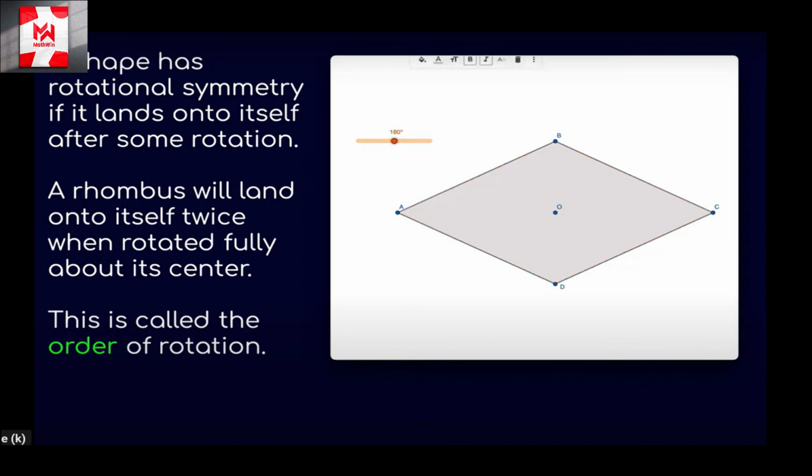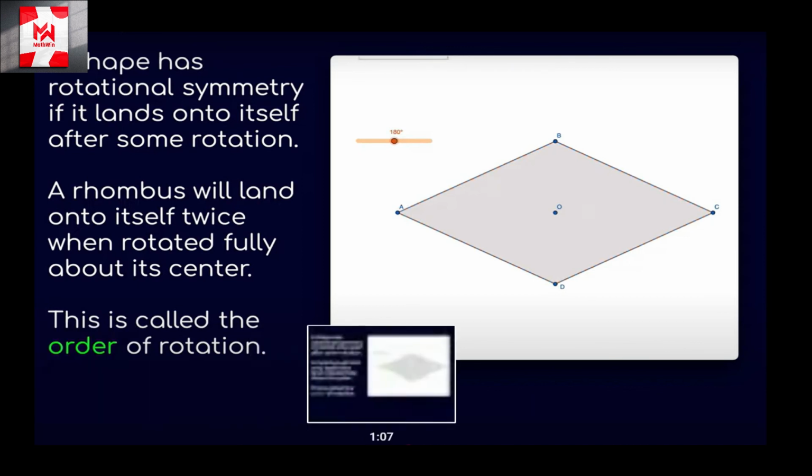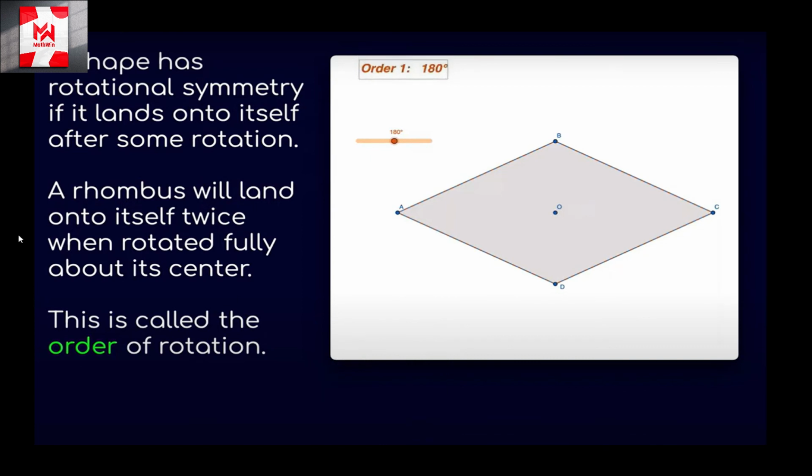Okay, this is called order of rotations. The order at 180, the other order is 0. Okay, now again rotating. When it comes to 270, and when it comes to 360, it will automatically come to the same position again.